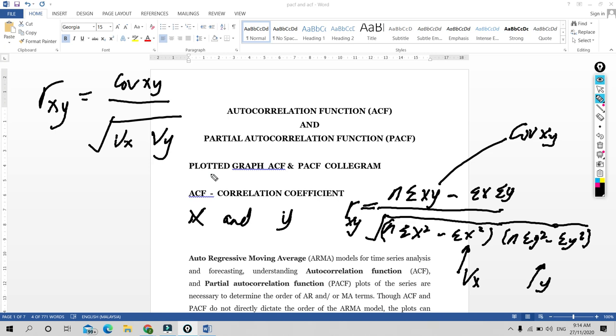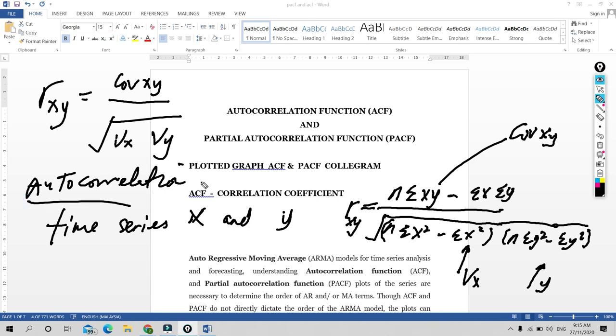These are the basic ideas of the correlation. And the term autocorrelation is used because we are using time series data. In time series, we refer to the correlation as an autocorrelation. Okay, that is autocorrelation.